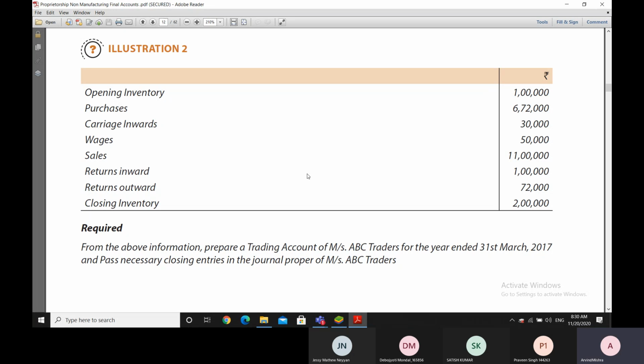And once we reduce the closing inventory, we get the cost of the goods sold.